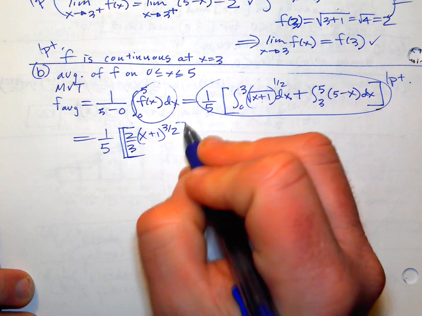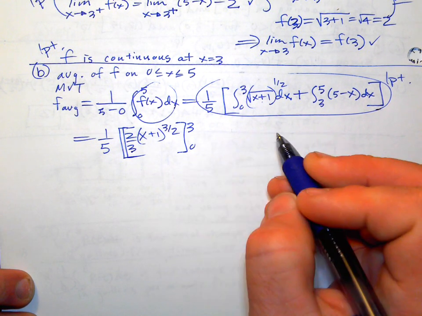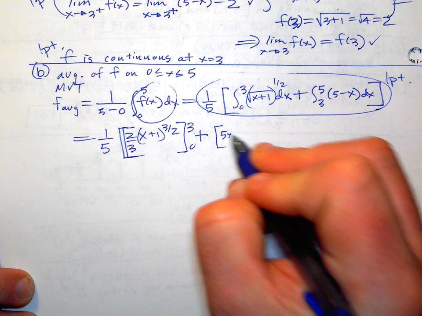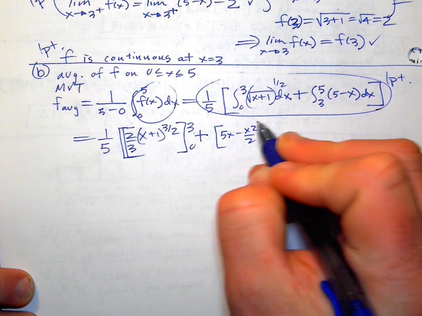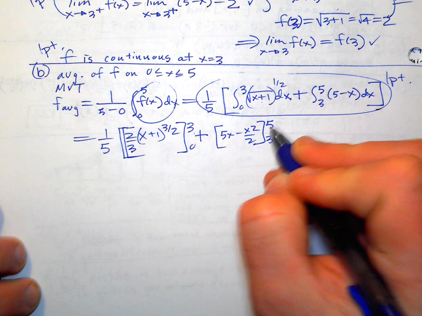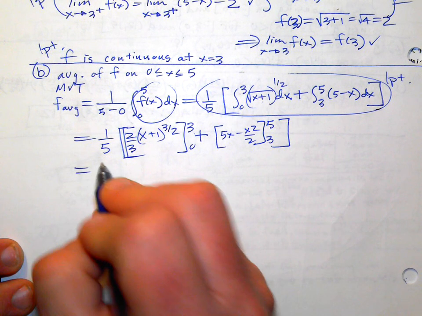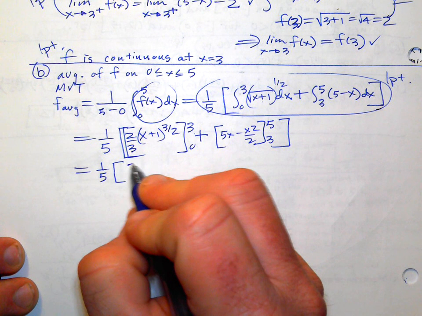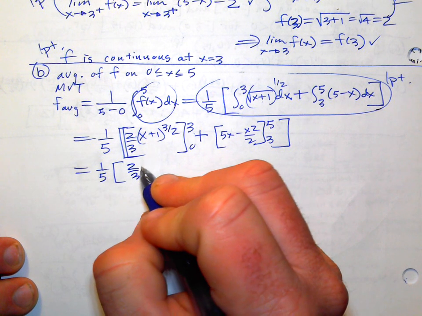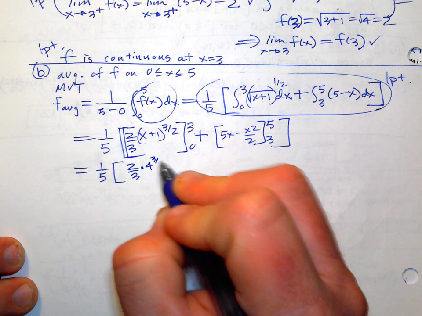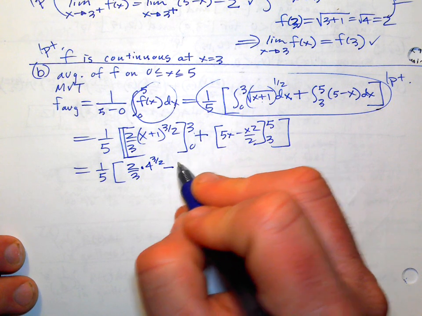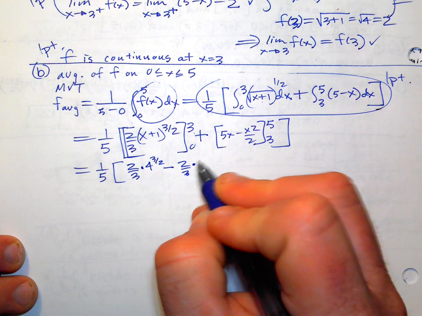And then we're going to plug in the limits. Plus, this one's going to be 5x minus x squared over 2. And we're going to go 3 to 5. So we just got to get through this work. If we plug 3 into this, it's going to be 4 to the 3/2 minus, now be careful when you plug 0 in, a lot of times it's 0, but here it's going to be 2/3 times 1 to the 3/2.